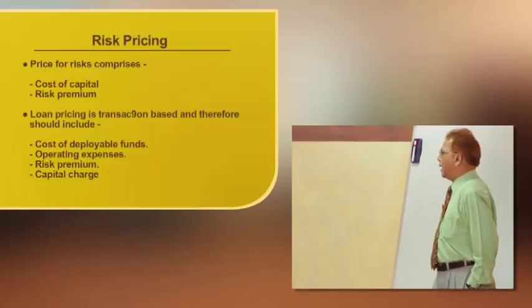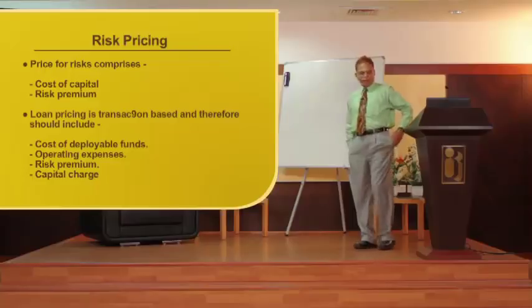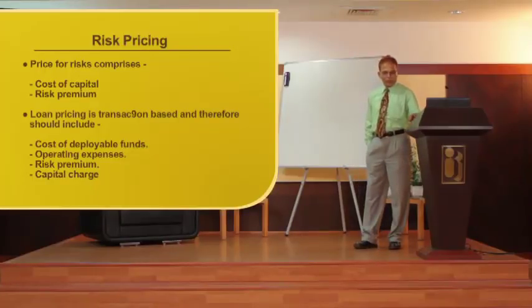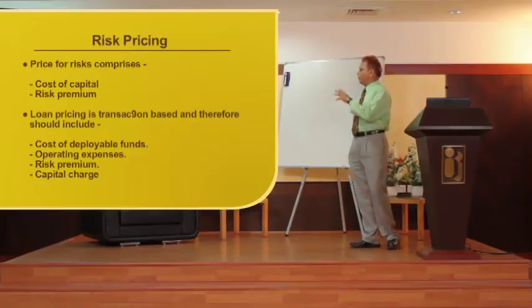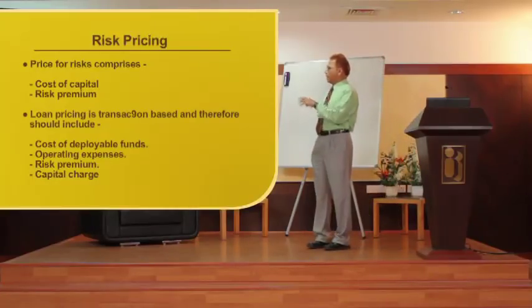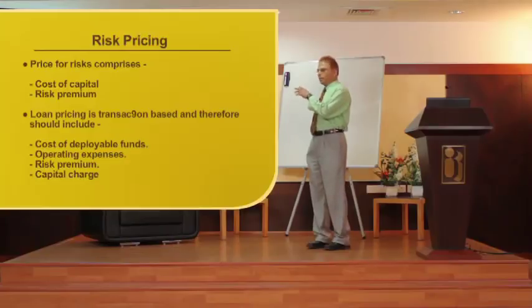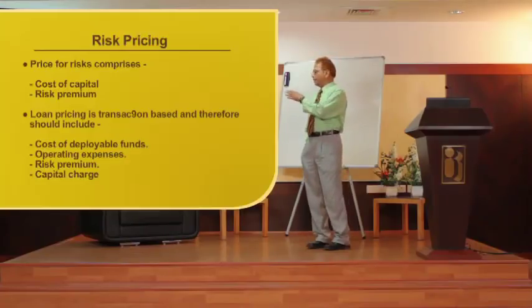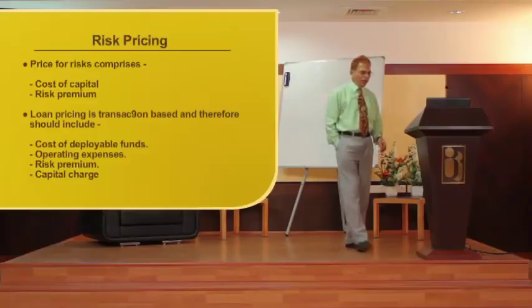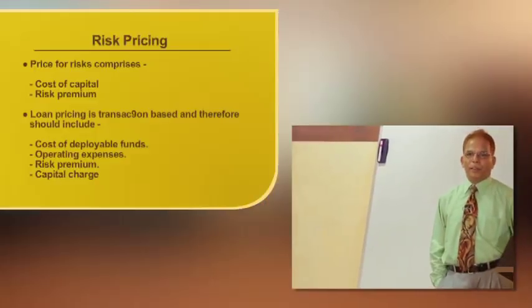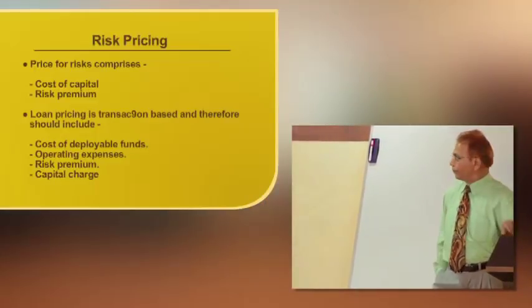So all this is added to the loan pricing. So the loan pricing basically comprises the cost of deployable funds, operating expenses, risk premium which varies from asset to asset, and the capital charge which is required to be maintained as per the regulatory requirements.